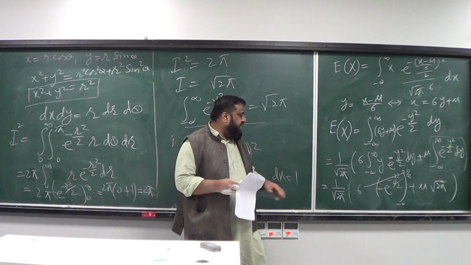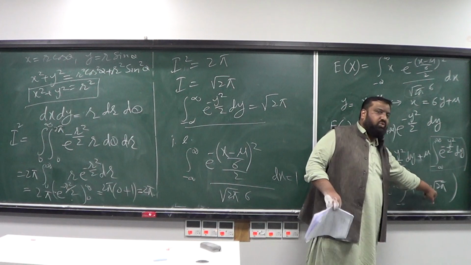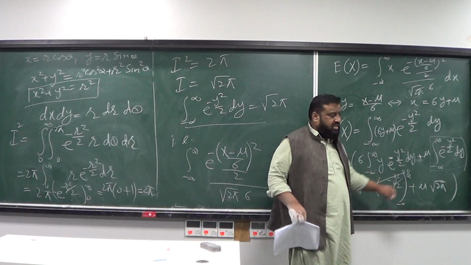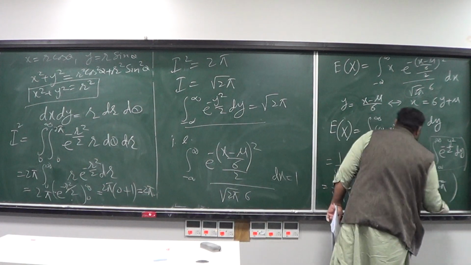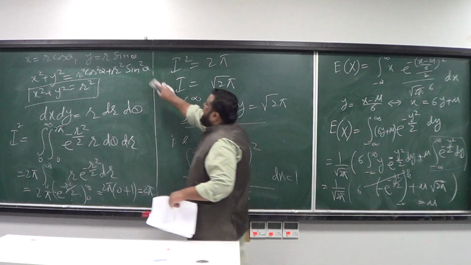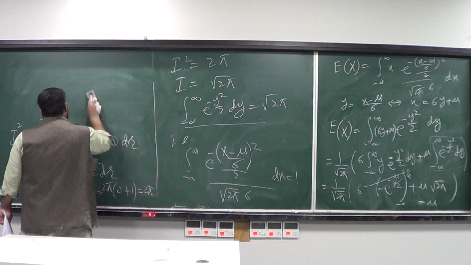What is going to remain? 1 over square root of 2 pi multiplied by mu times square root of 2 pi. So everything is going to be equal to mu.